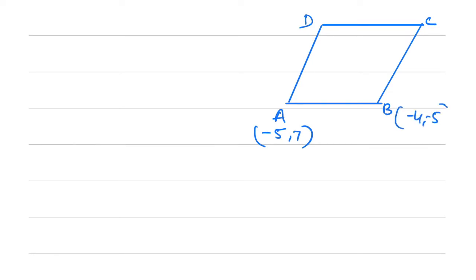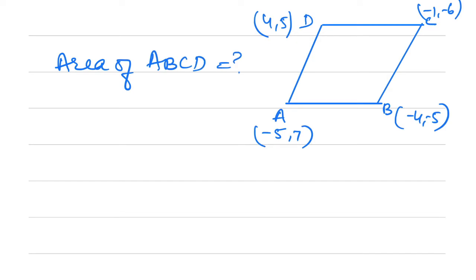In this question we are given a quadrilateral ABCD and coordinates are A (minus 5, 7), then for B it is (minus 4, minus 5), and for C it is (minus 1, minus 6), for D (4, 5). And we have to find the area of ABCD. Let's join any of the two opposite vertices. So I have joined BD.